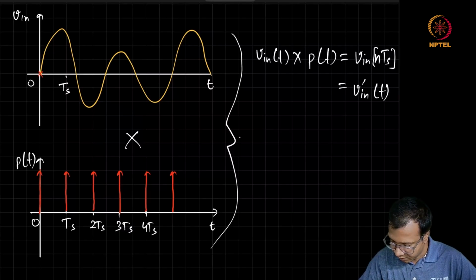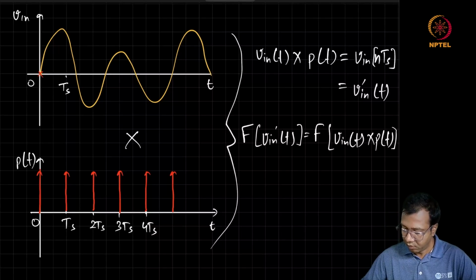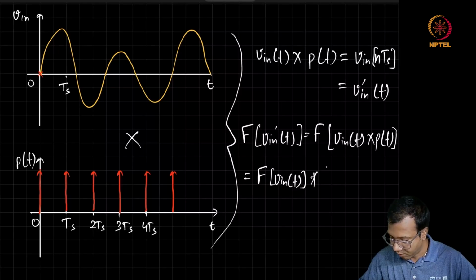And to be able to understand how the signal looks in the frequency domain, we can take the Fourier transform of this. The Fourier transform of V in of t times P of t is nothing but the convolution of the Fourier transform of V in and of P of t.